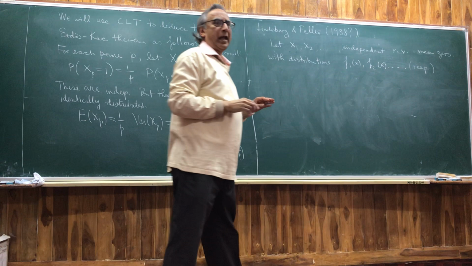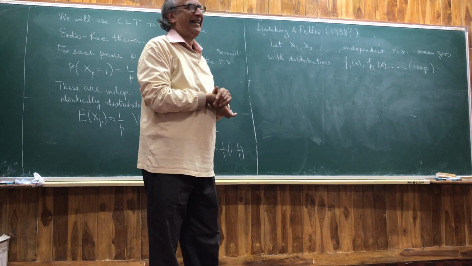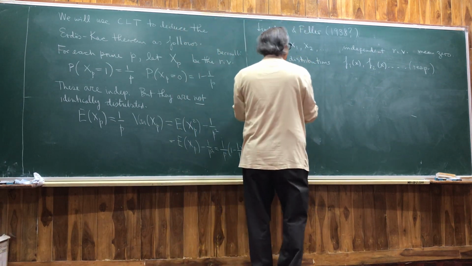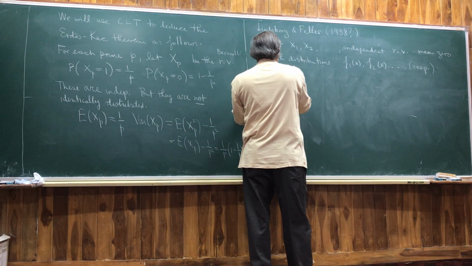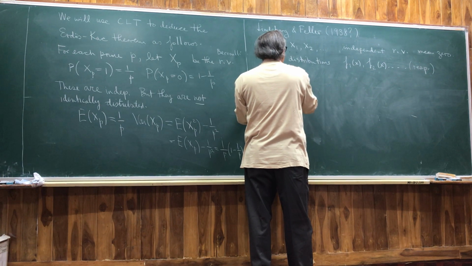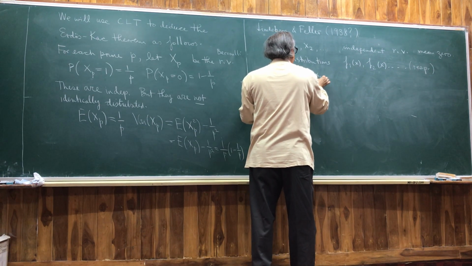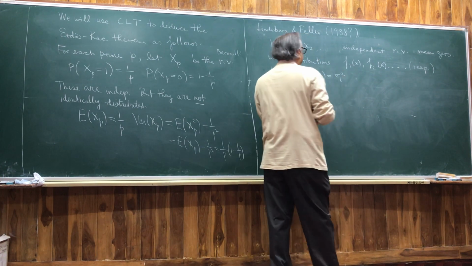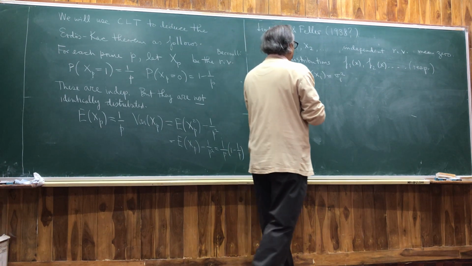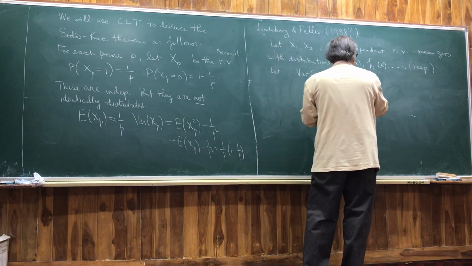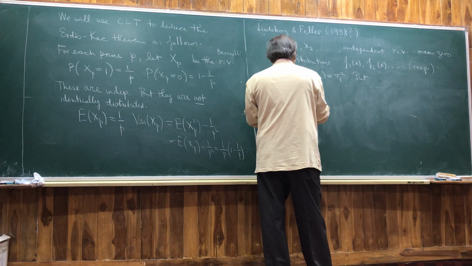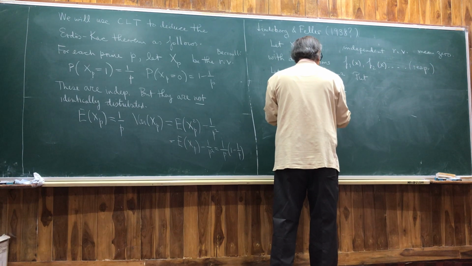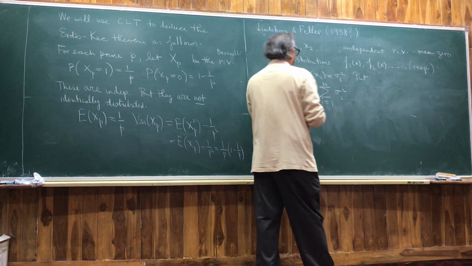So we have these distributions. Then let the variance of Xi be sigma i squared. Put Sn squared to be the summation of sigma i squared, i going from 1 to n.